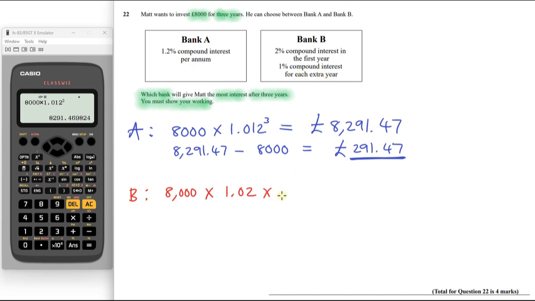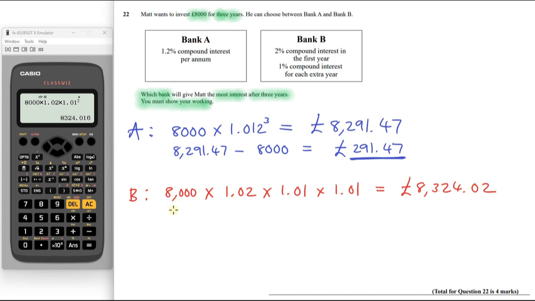So our second year is going to get 1.01, and then the third year is going to be 1.01 as well. So what does that give us? We've got 8,000 times 1.02 times 1.01. I can just do 1.01 squared, and that gives us £8,324, and let's round that to 2 pence.